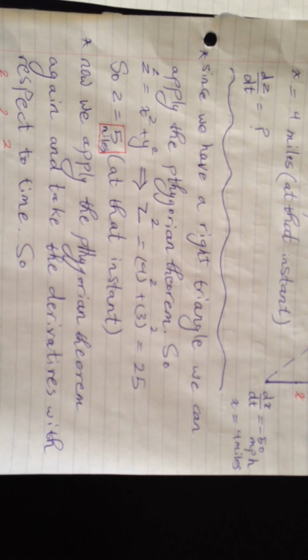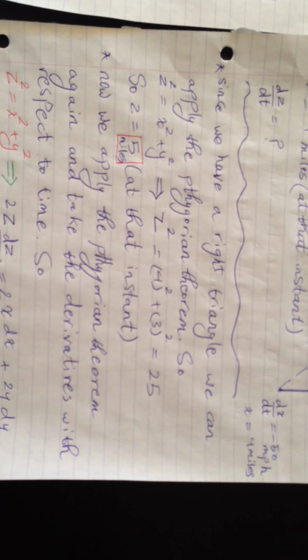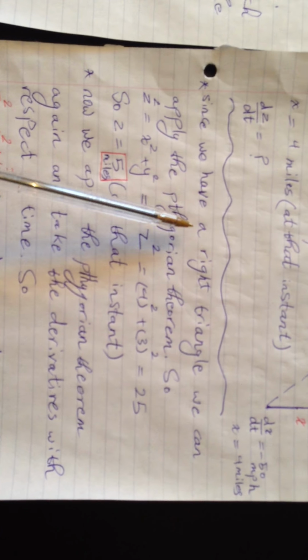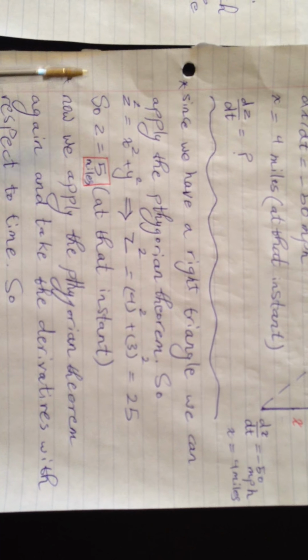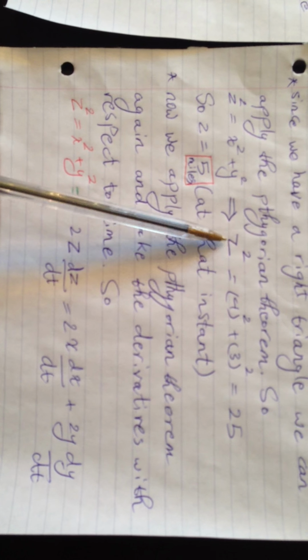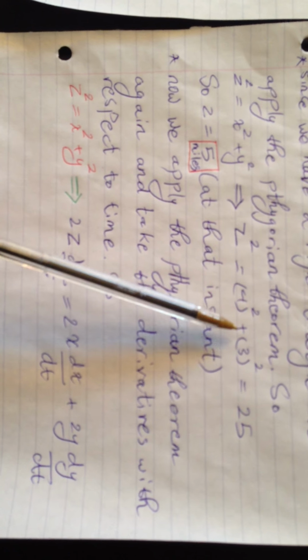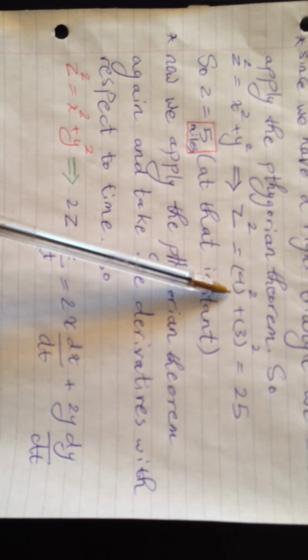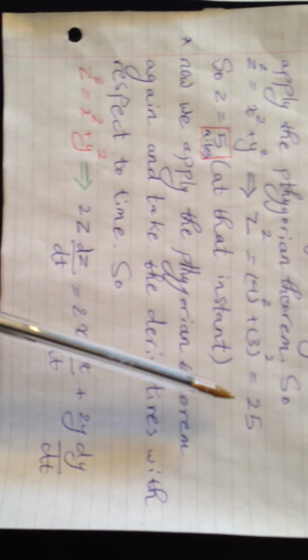So when we have a right triangle, the first thing that comes to our mind is applying the Pythagorean theorem. So z squared equals x squared plus y squared, which leads to z squared equals 4 squared plus 3 squared, which is equal to 25.